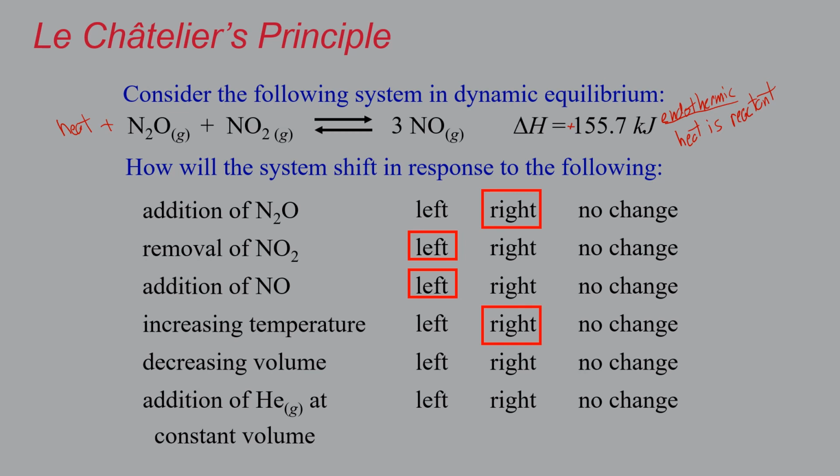Decreasing the volume. So I didn't talk about volume in the previous slide, but I did talk about pressure. And for gaseous systems, or for any systems, those two are related. And so decreasing the volume is going to mean increasing pressure.